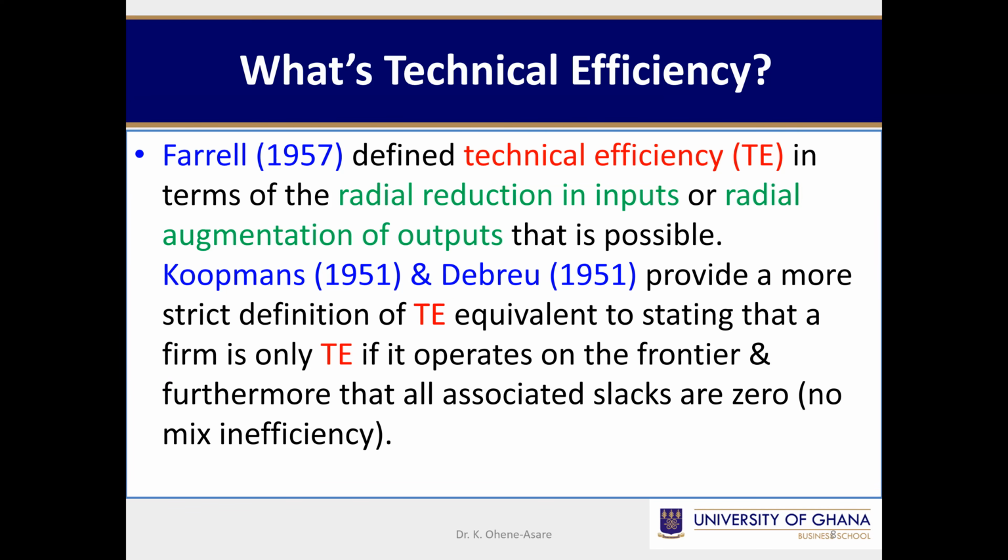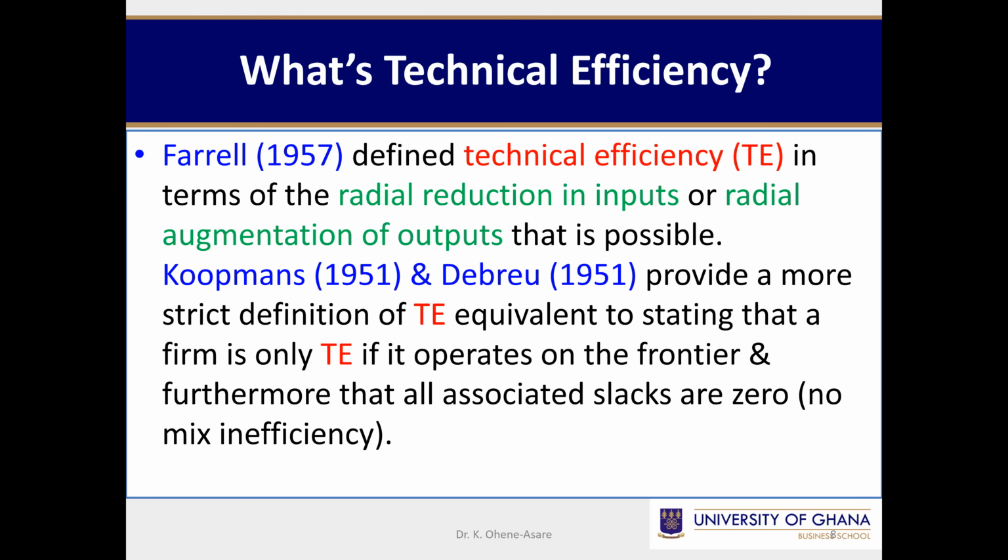The first person to define this technical efficiency is Farrell. Farrell says that when you reduce the inputs, he uses something we call radial reduction. Guys, listen carefully and understand what radial reduction means.